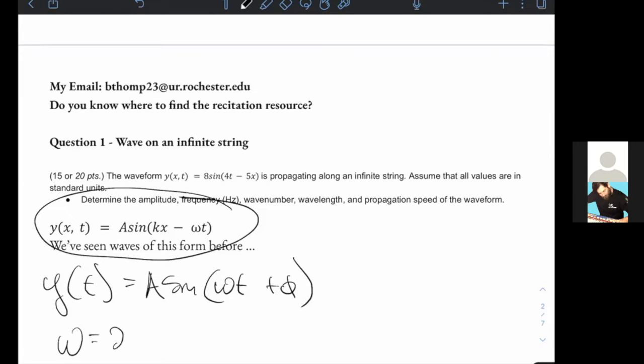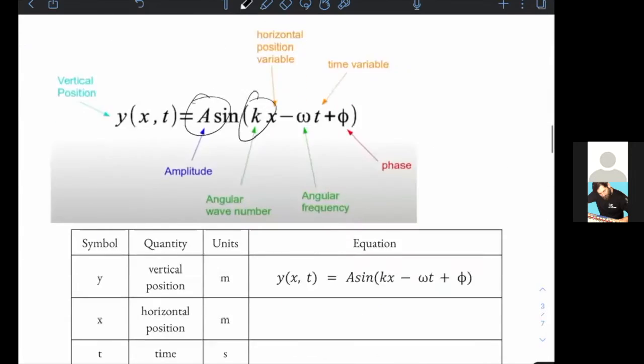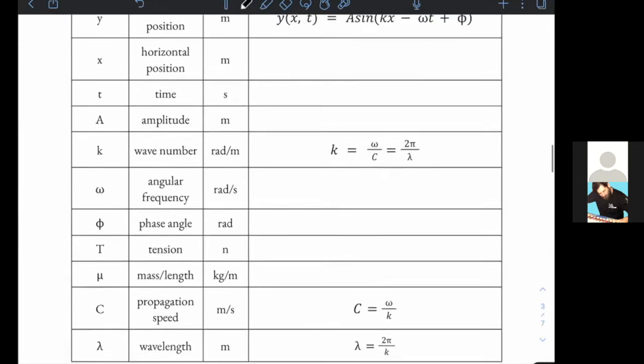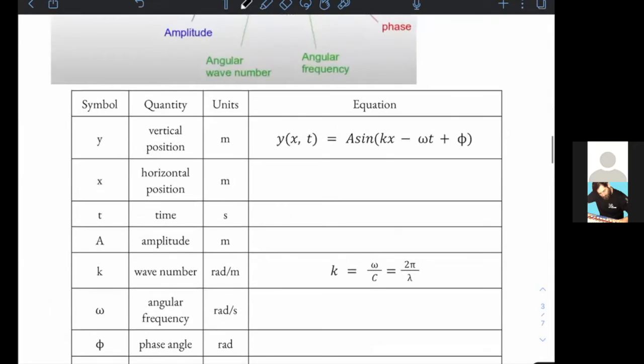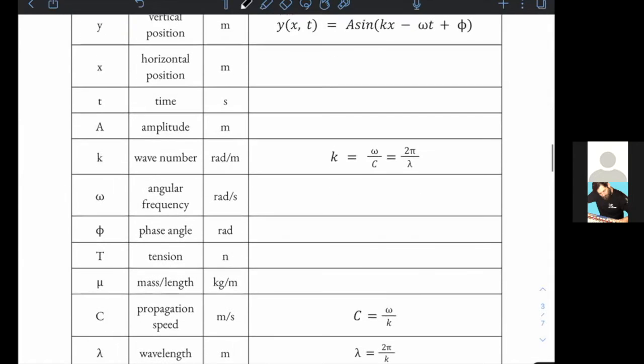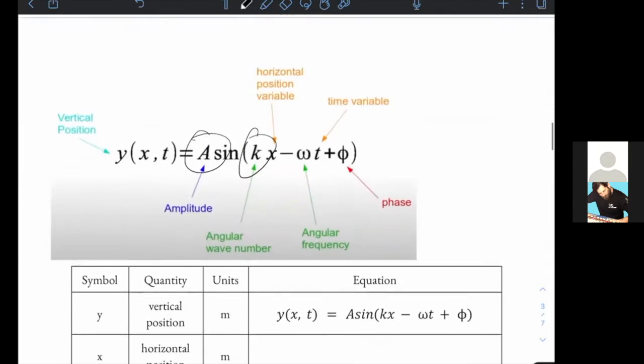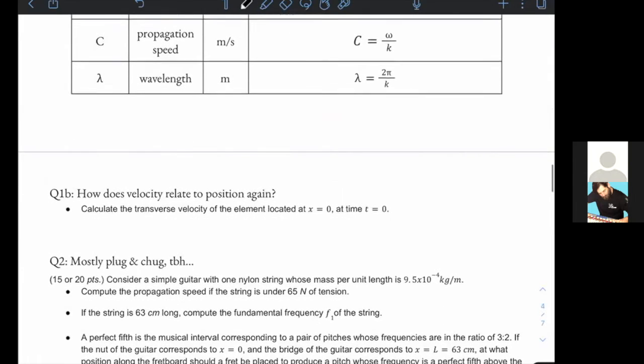Omega equals 2 pi f. Wave number you can read right off of there. Wavelength, we're going to need an equation for that and propagation speed. And I made you this table and it has some equations in here. So you've got propagation speed and wavelength right there at the bottom. And those are really just plug and chug when you have this information. Okay. I think that should get you through it.